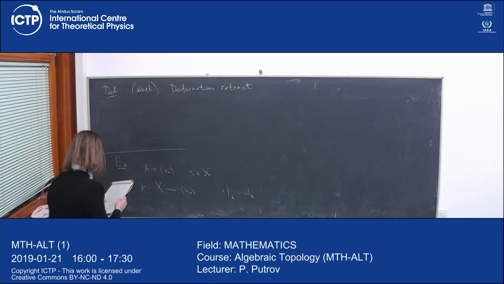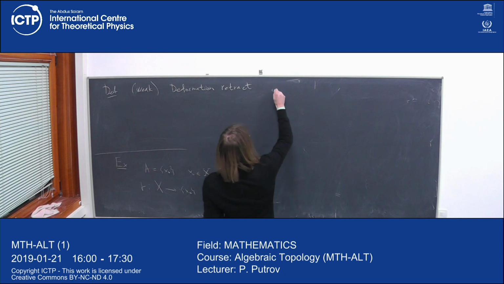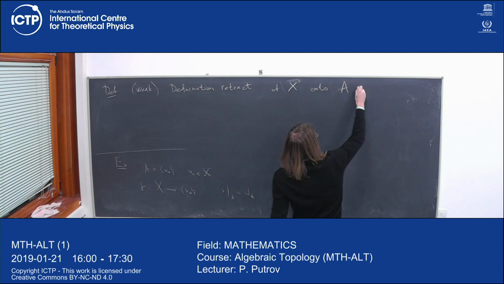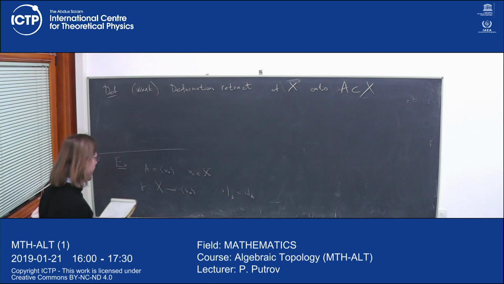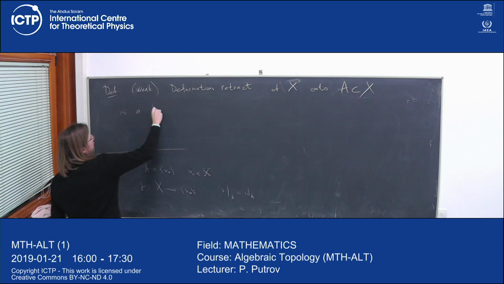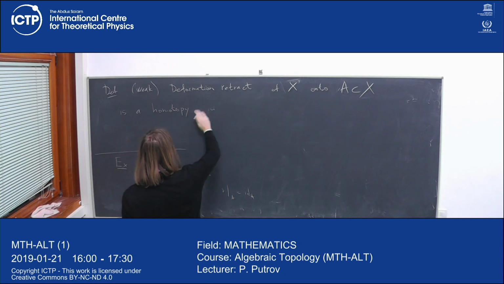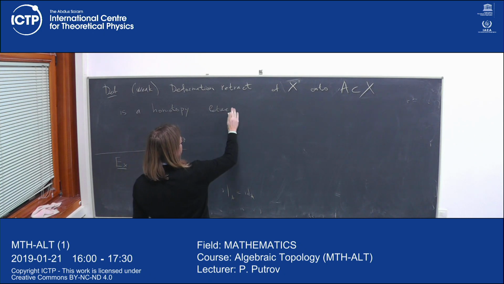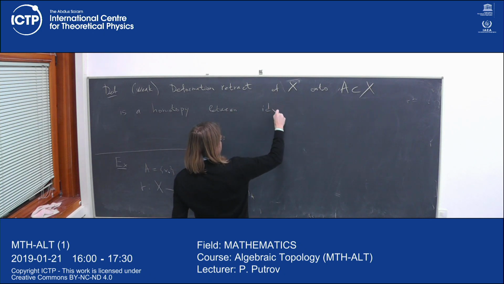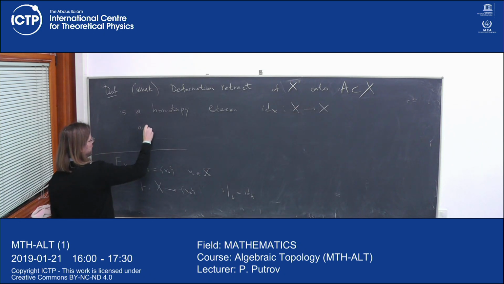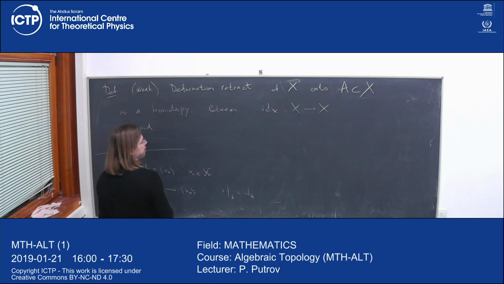In any case, the definition which I'm going to use is a deformation retract of a topological space X onto a subspace A in X: a homotopy between the identity map from X to X and R, the retract.